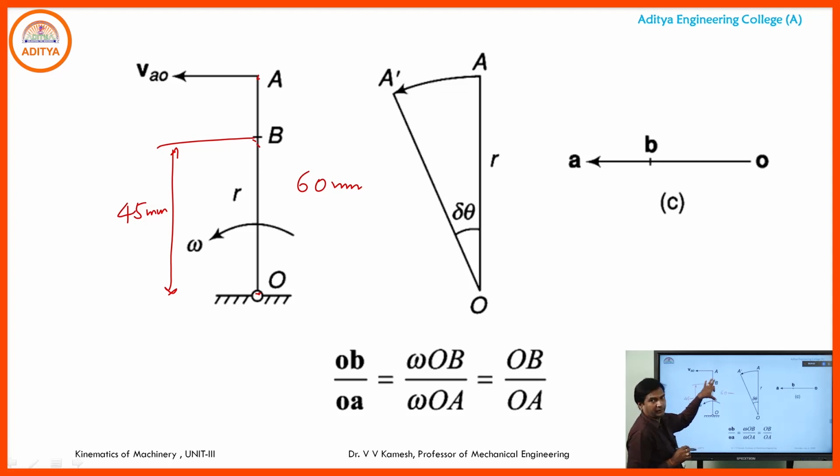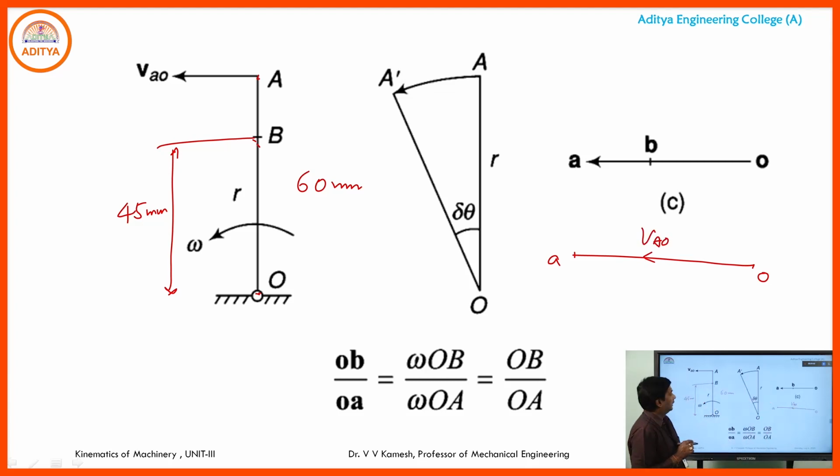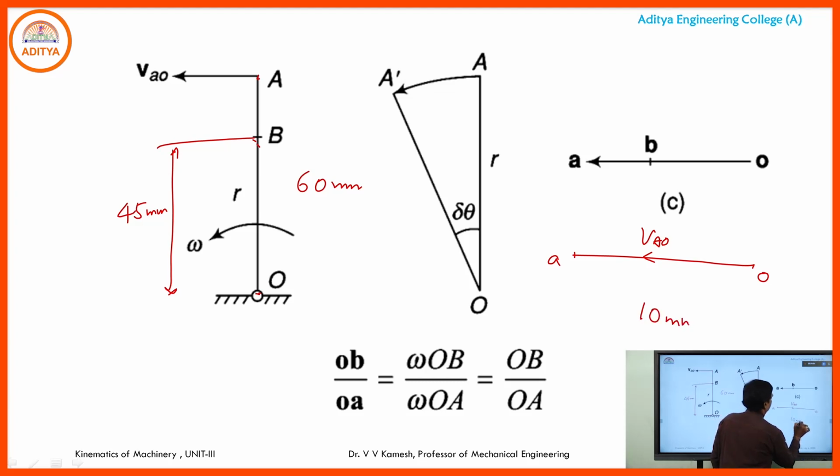This 60 mm is taken as OA, and it represents VAO. For my convenience, these 60 mm can be taken as some 10 mm here.